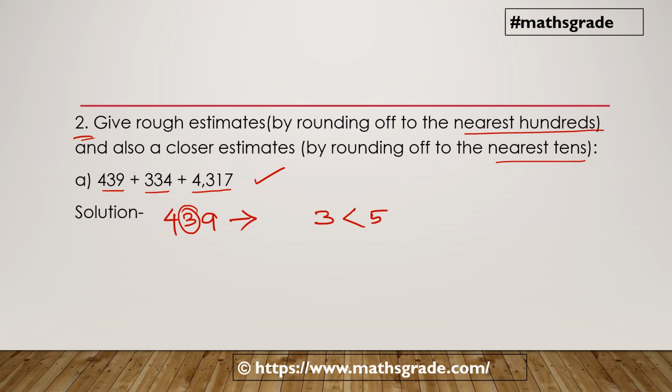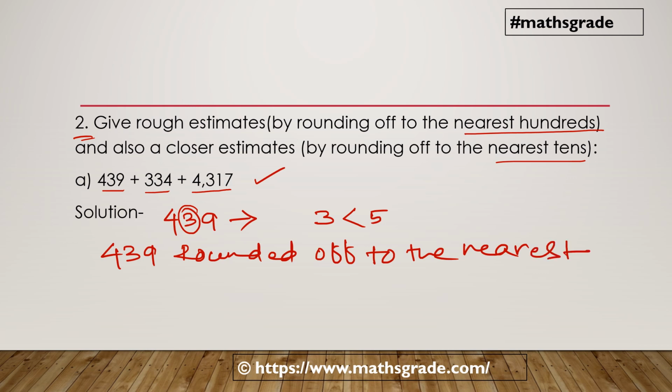That is 3 and 9 change to 0. So 439 rounded off to the nearest hundred is 400.